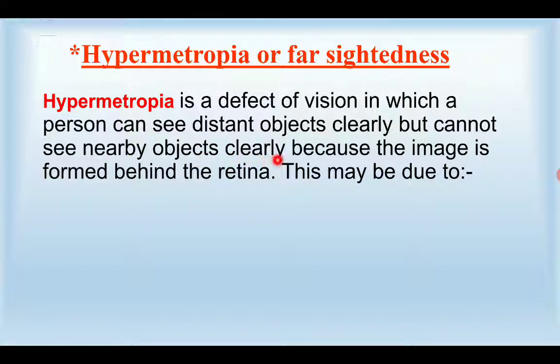So in the previous case, myopia, the person was not able to see the far objects, but in case of hypermetropia, the person is not able to see the nearby objects clearly, distinctly.